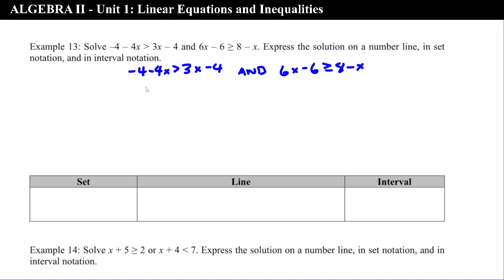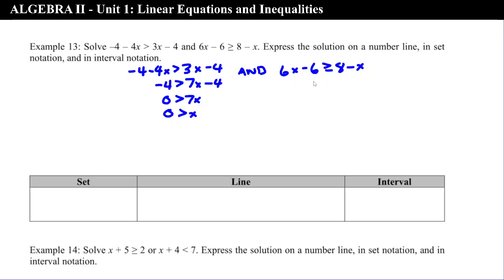Let's solve first by adding 4x to each side of this first one. That gives us -4 is greater than 7x minus 4. If you add 4 to both sides, you get 0 is greater than 7x. So therefore, 0 is greater than x, because we divide each side by 7.